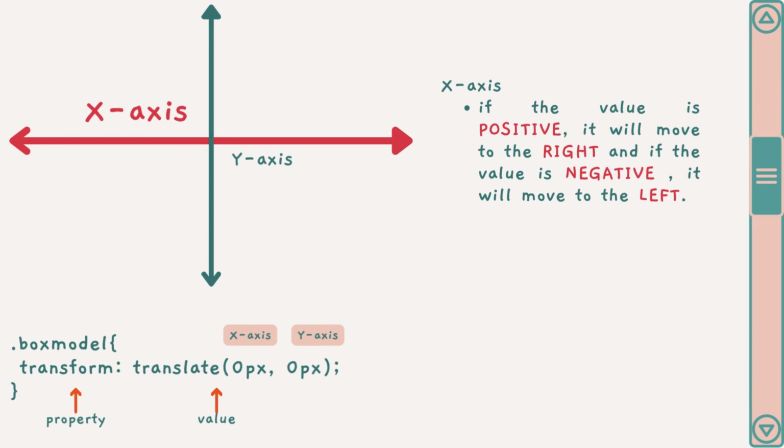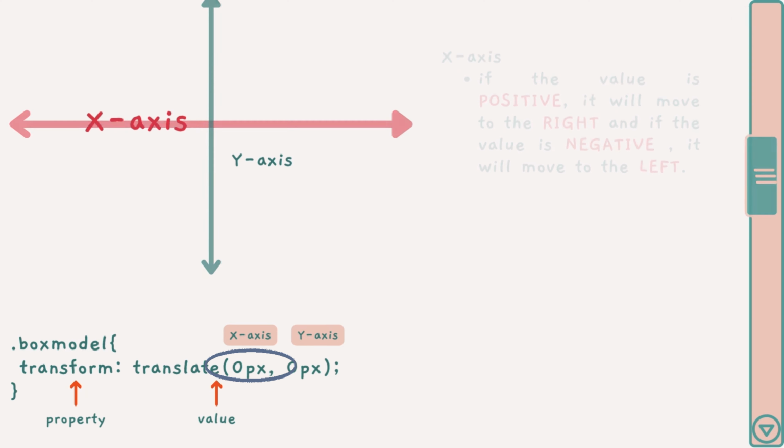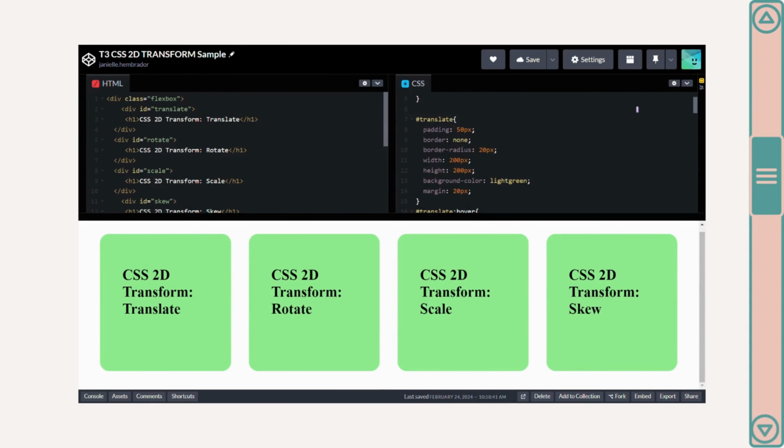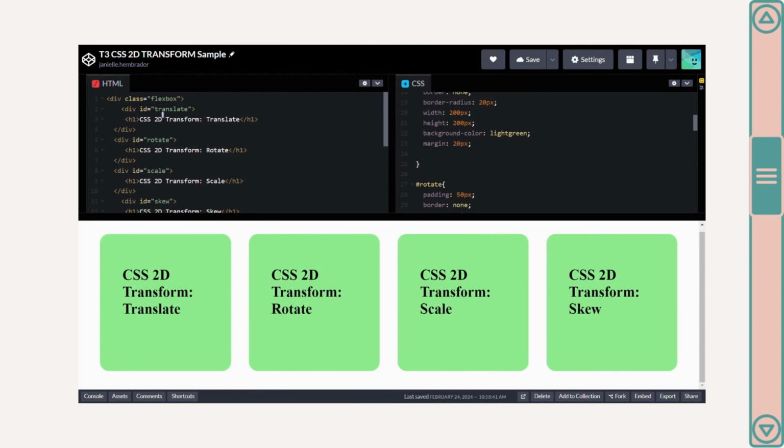Let's start first with the value of the x-axis. If the value is positive, it will move to the right. And if you set the value to negative, it will move to the left side. So we have here a box model. Let's try to style it with the value of translate. Here in our hover effect, kindly type the property transform, and then type the value translate.